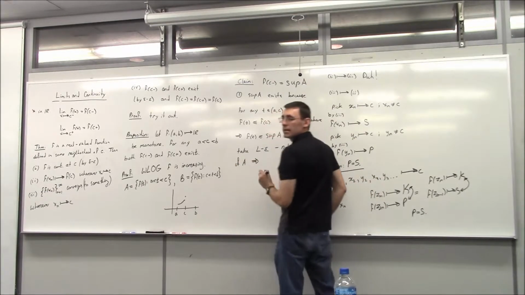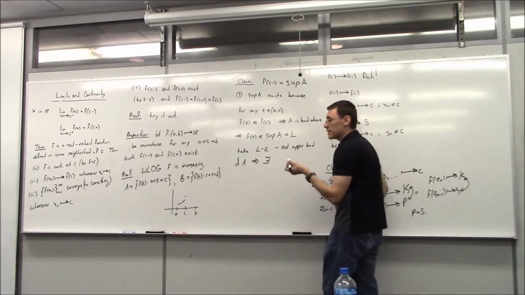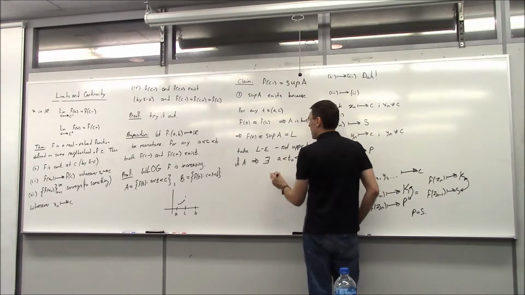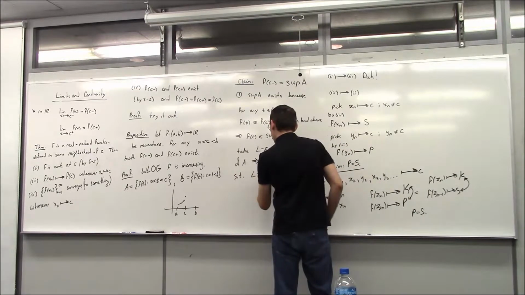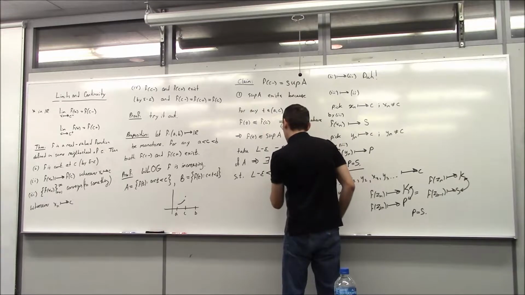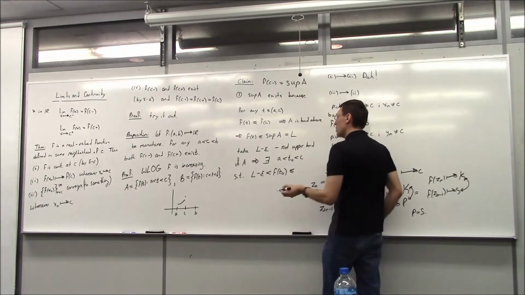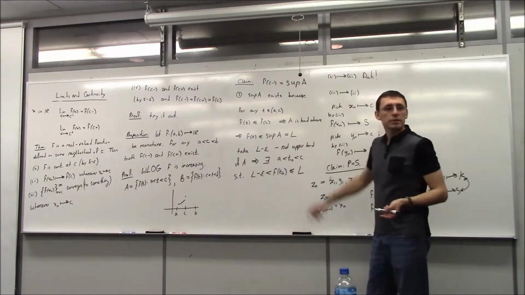L minus epsilon is not an upper bound of A, which implies that there exists some t0 smaller than c and bigger than a, such that L minus epsilon is less than f of t0, and this is less than or equal to L, because all of them are less than L. It's a supremum.